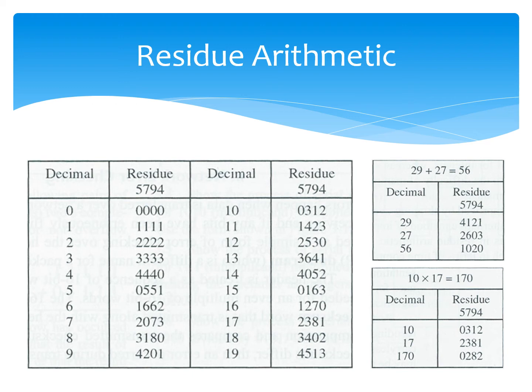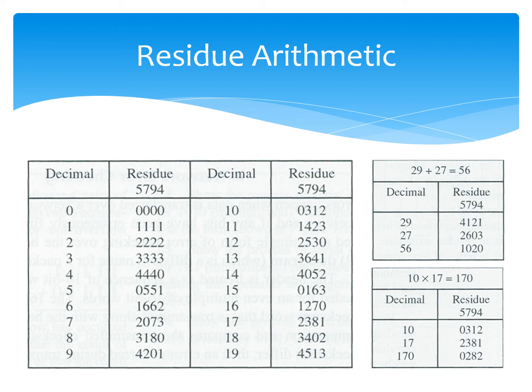2603. To get the sum of 29 and 27 in residue 5794, we simply add 4121 with 2603 so that we obtain 6724. Then we perform 6 divided by 5.